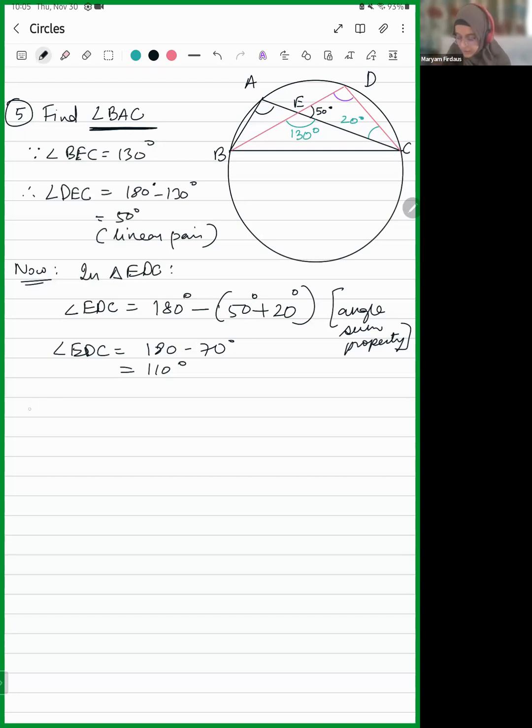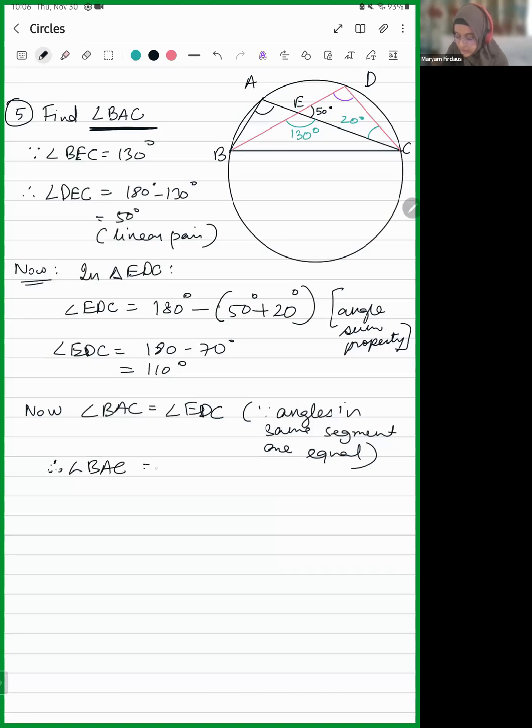So angle BAC is equal to angle EDC, since angles in the same segment are equal. Therefore, angle BAC is equal to, how much was EDC? This one, 110 degrees. So that's the final answer.